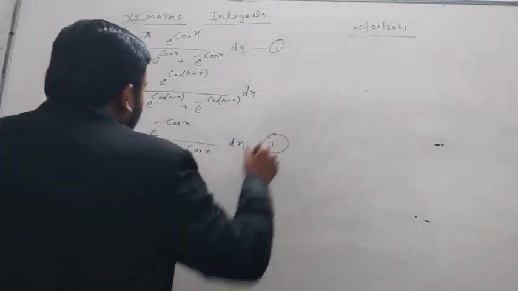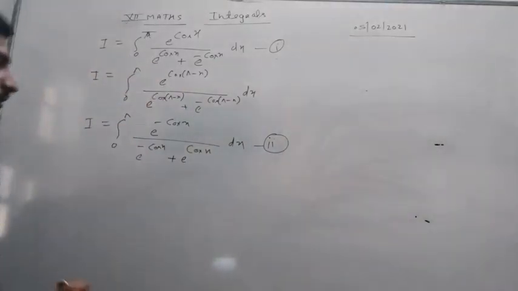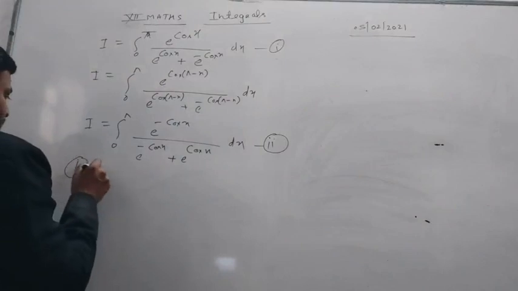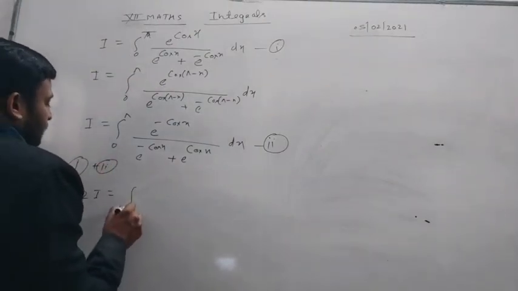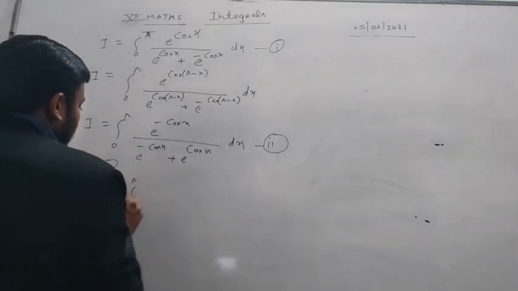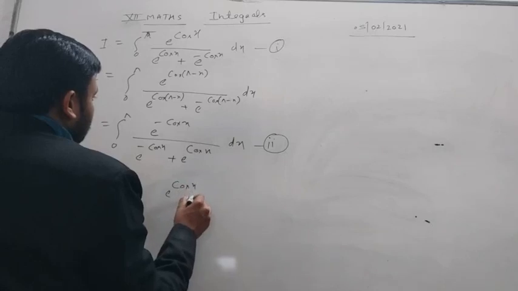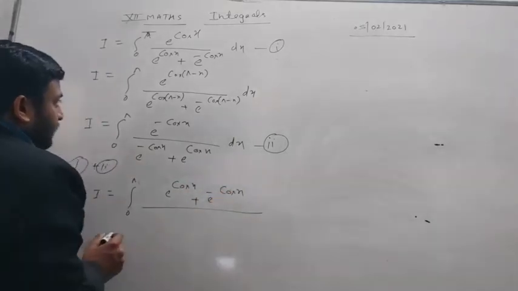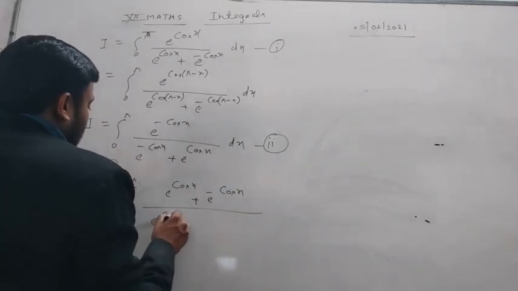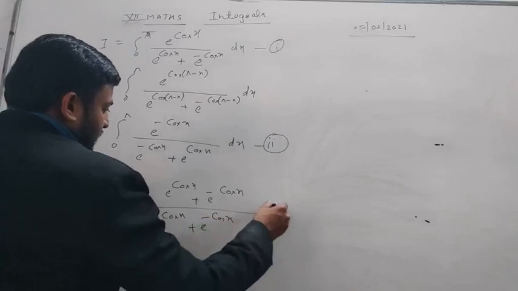We see that the denominators of this and this are the same, so we add first and second. We get 2I is the integral from 0 to pi of (e to the power cos x plus e to the power minus cos x) by (e to the power cos x plus e to the power minus cos x) dx.